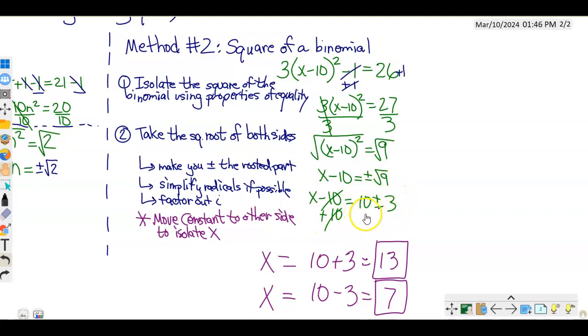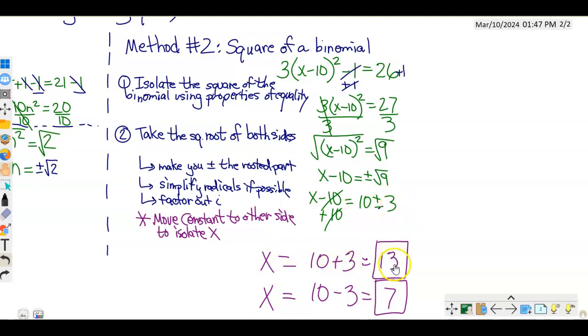So you would think you are done. And if 3 were underneath a root sign, you are done. Okay? Once you've simplified that radical. But when you have rational number solutions like this, you have to finish simplifying. So what you have to do is you have to take 10 and add it to 3.